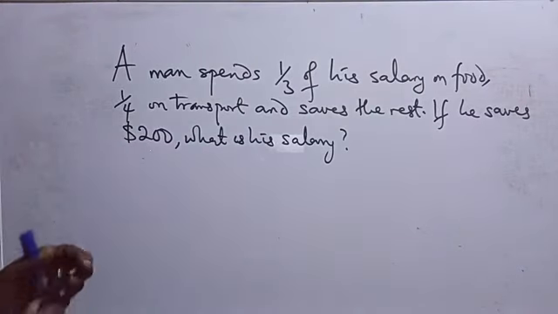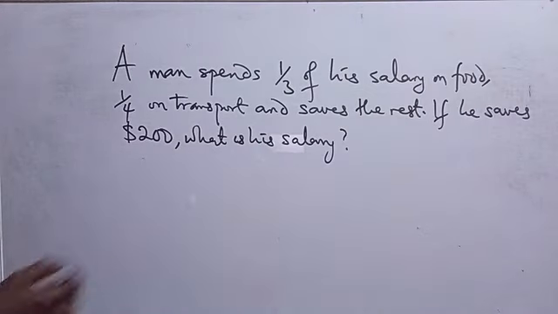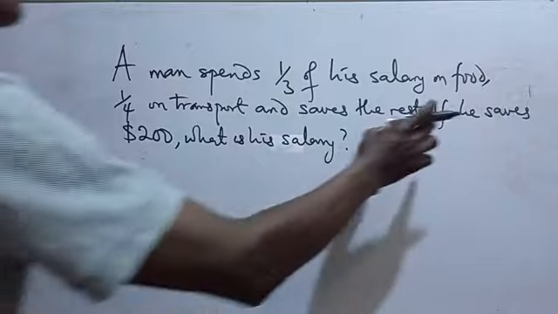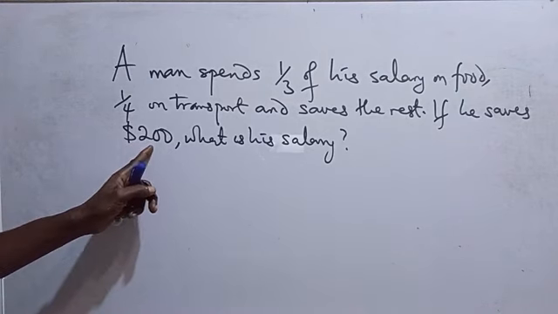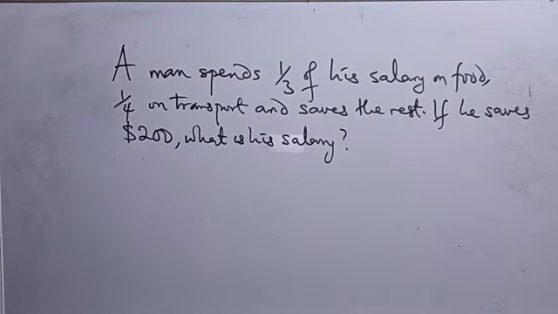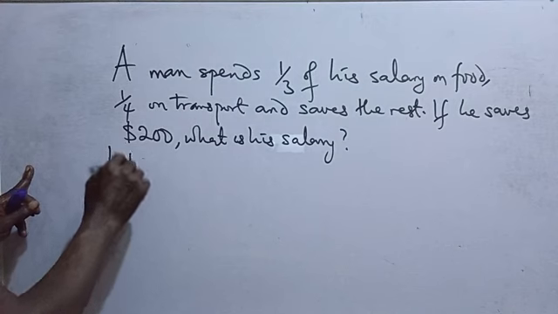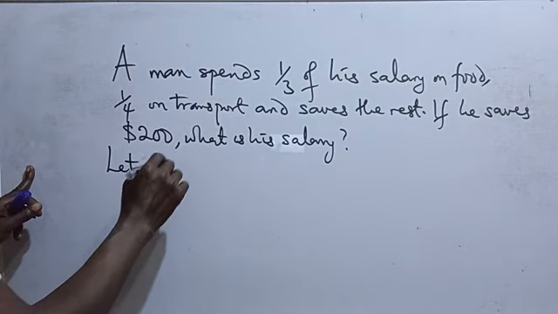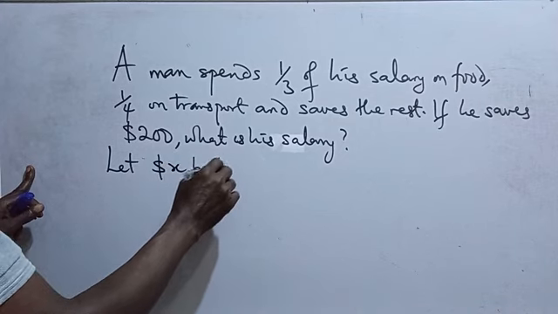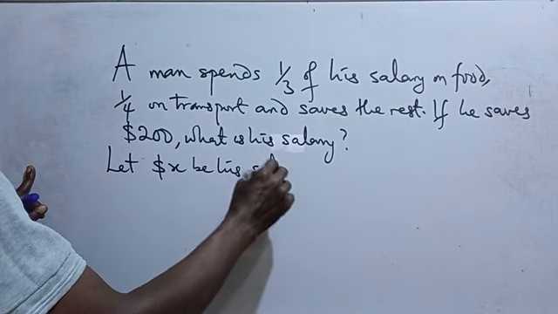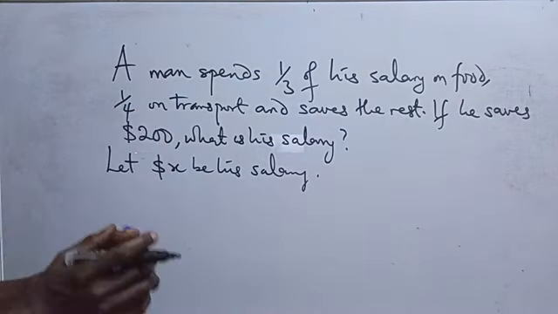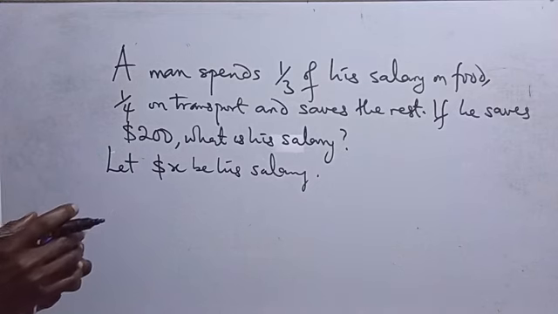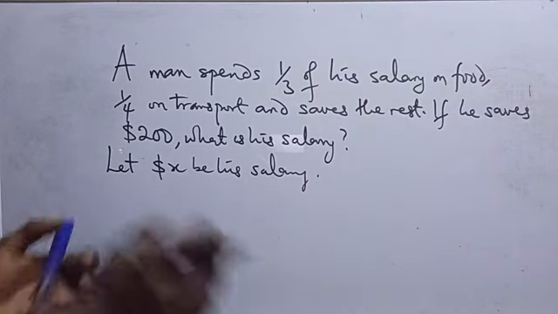I've gotten 5/12 as the fraction of his saving. The question now says, if he saves $200, what is his salary? We don't know the salary. So now say, let X dollars be his total salary. Now that 5/12 is equivalent to what he saved.